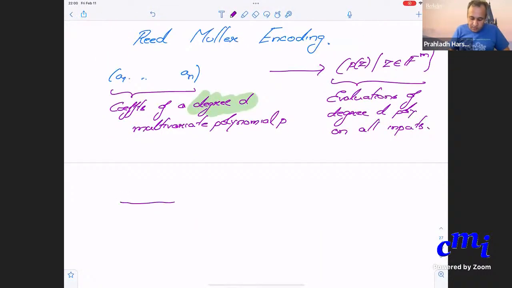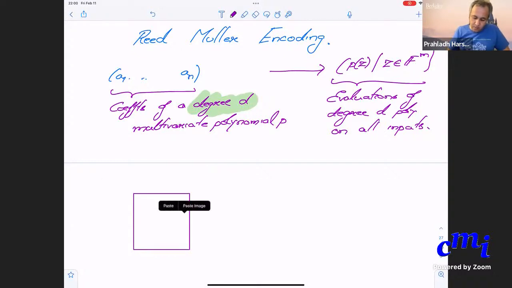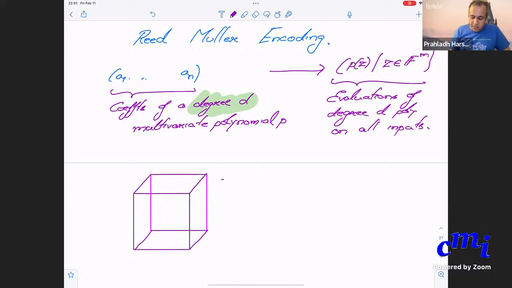In particular, if you look at this as a table, it looks like this. So this is the field that I have, and this is the polynomial, some multivariate polynomial. I'm giving the value of the polynomial on all points in the multivariate space, some space F to the m, evaluating the polynomial everywhere.